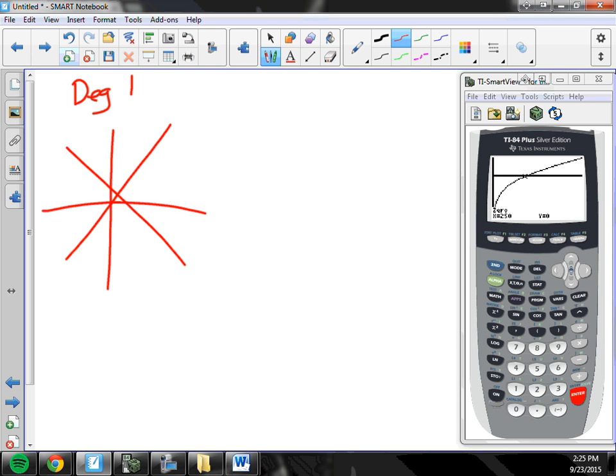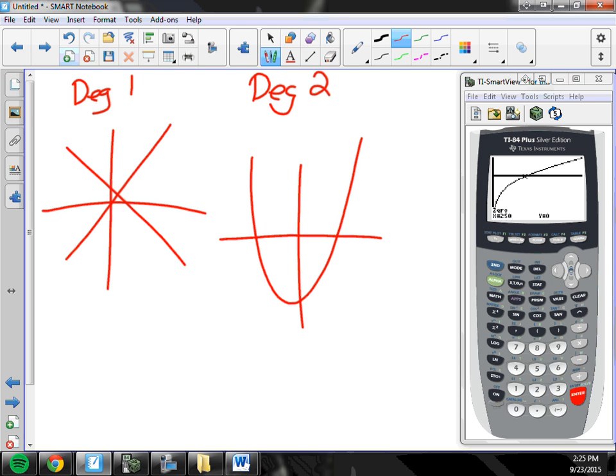Okay? So what about a degree 2 polynomial? A positive degree 2 polynomial, or parabola, quadratic, is a happy parabola. Okay? A negative degree 2 polynomial would be a sad parabola. Now, what determines if a parabola is positive or negative?